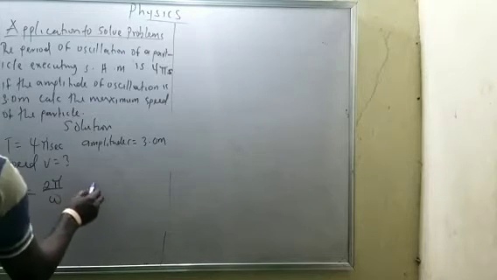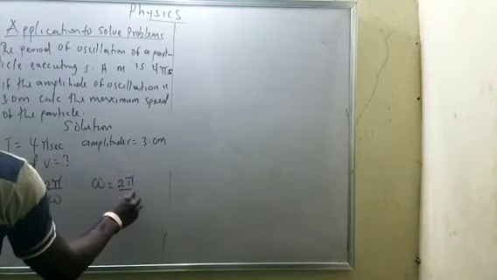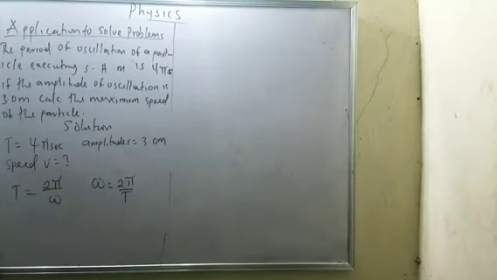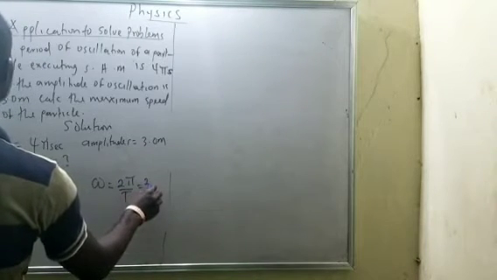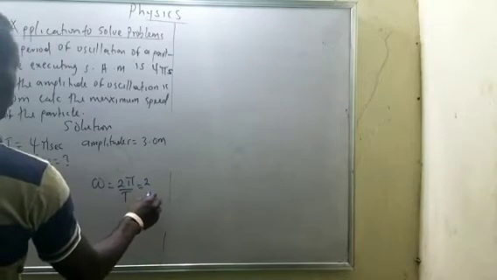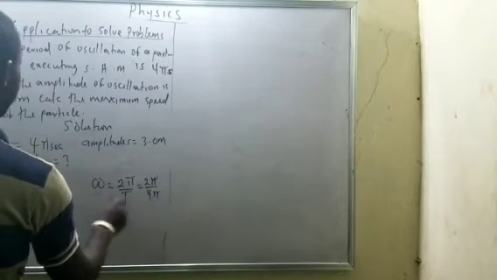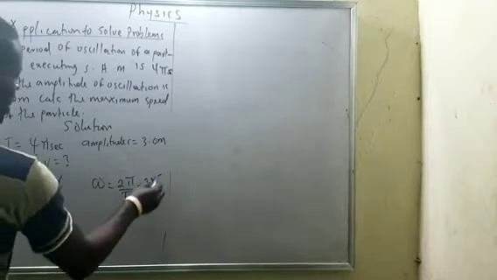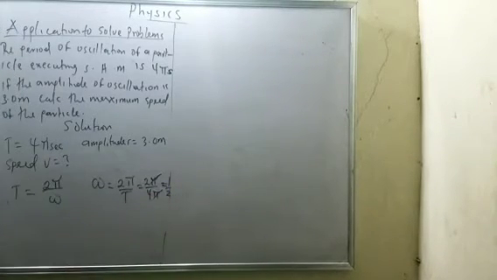Now, it means my angular velocity equals 2 pi all over what? Period. Now, we all know what my pi is. My 2 pi divided by 4 pi, because my period is 4 pi. This will cancel this, which is 1 all over 2.